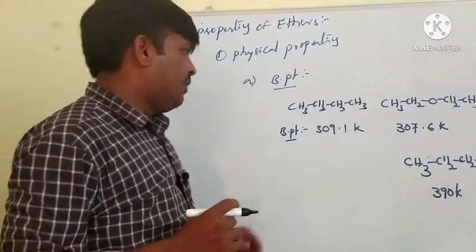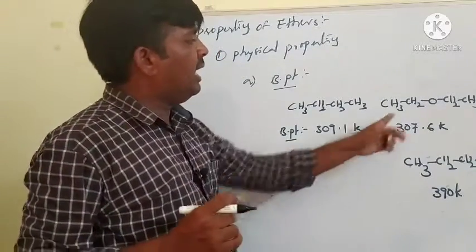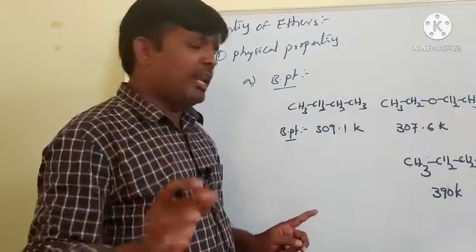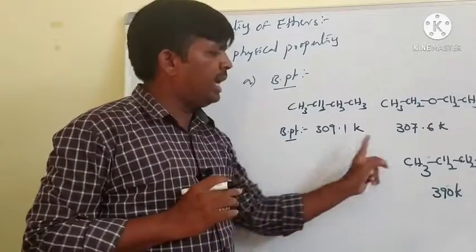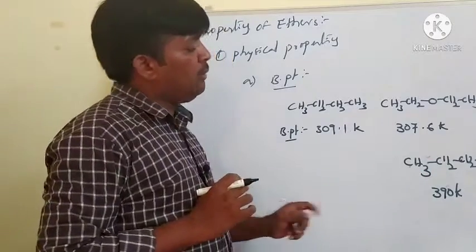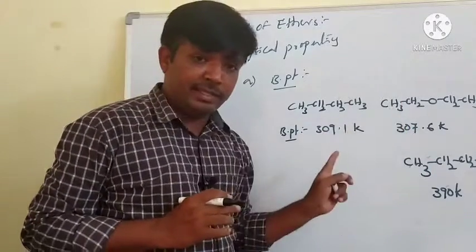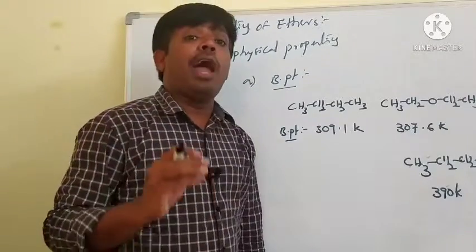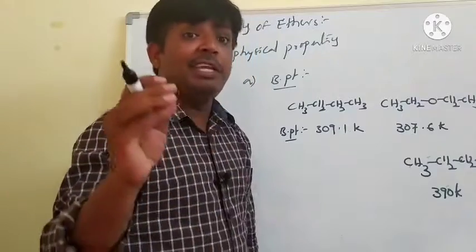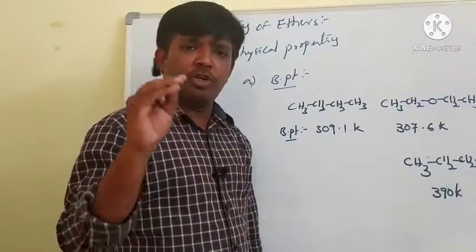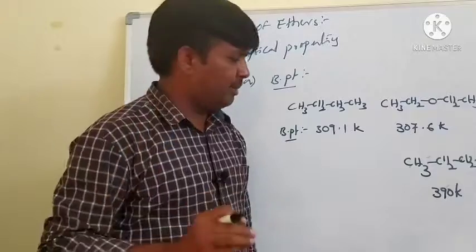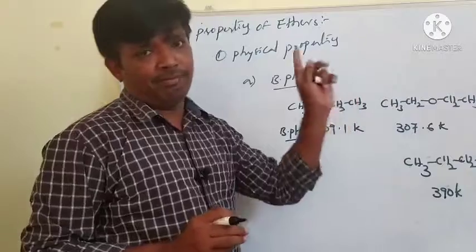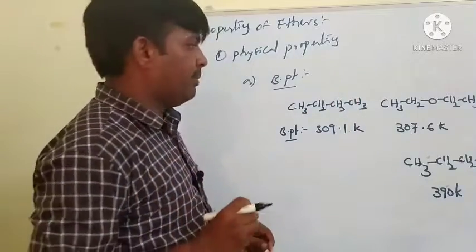What is the difference? Ethers also have a net dipole moment, like alcohols. However, in the case of ethers, there is no possibility to form hydrogen bonding. But alcohols can form hydrogen bonding.